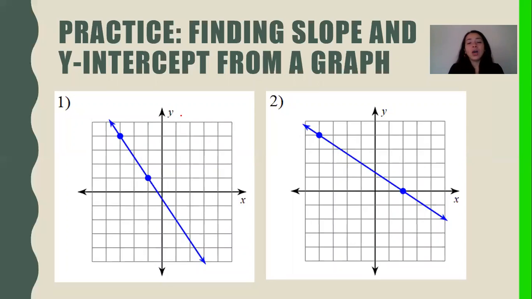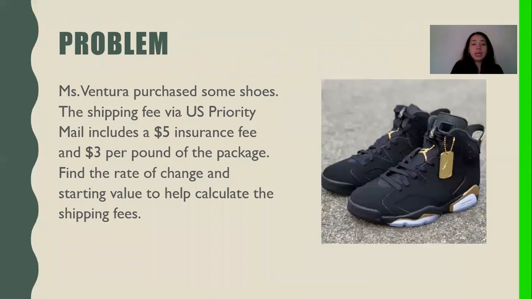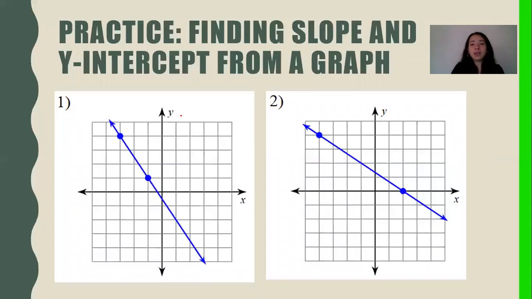So based on the slope and y-intercept, let's look at question number 1. Remember, slope is the rate of change based on our problem given here, and our y-intercept is the starting value. So our slope is written out as m is equal to, and then we're going to write our slope. M means slope.